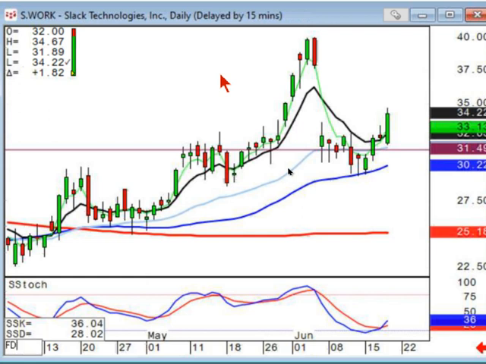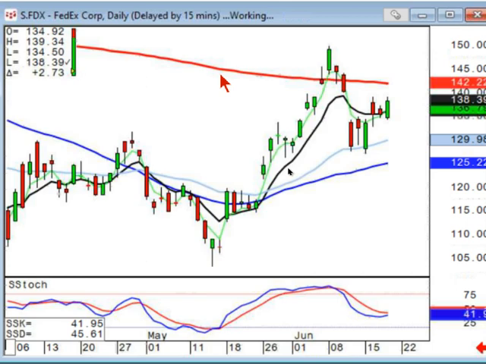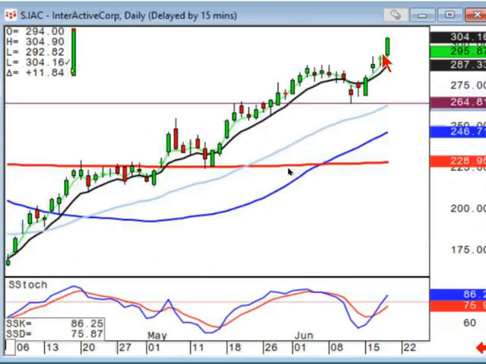FedEx, you can stay long on this one. Don't let it come back down through the T line. Watch to see what it does once it gets to the 200. IAC, nice J-hook pattern, double doji setup. Stay long as long as you don't see a sell signal.